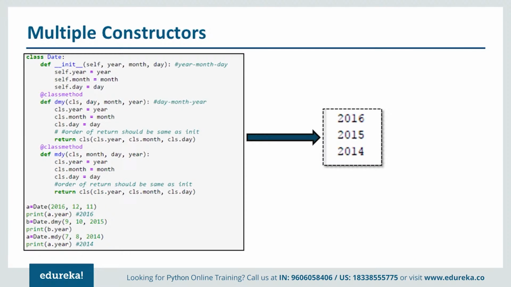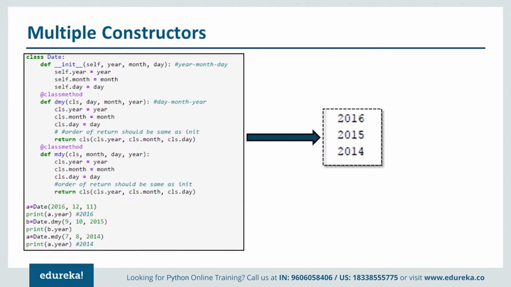Now we can have multiple constructors also, not only one. In this example, you can see a class called date, and there we have a default constructor in which we set the values year, month and day. Whenever we create an object, at that moment we can provide some variables.